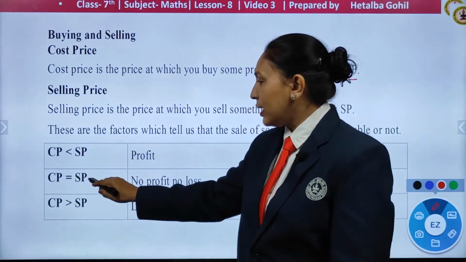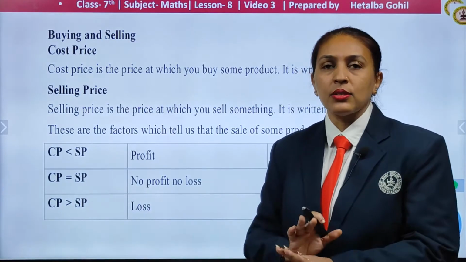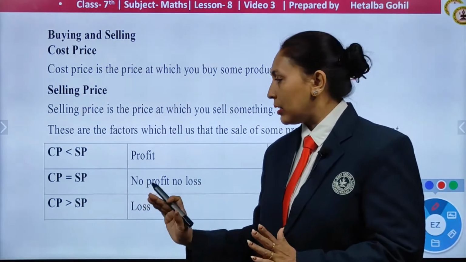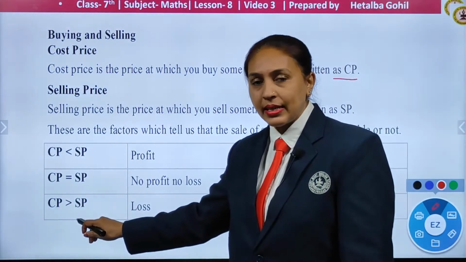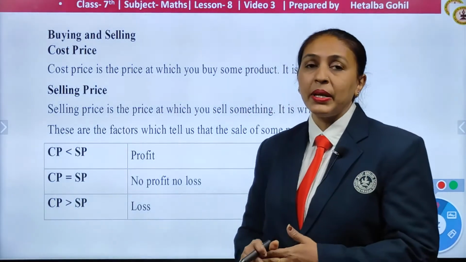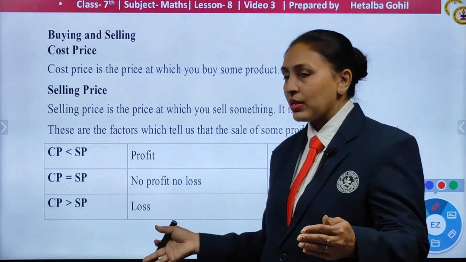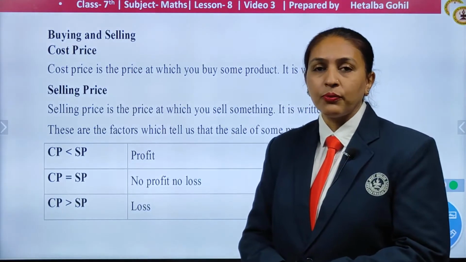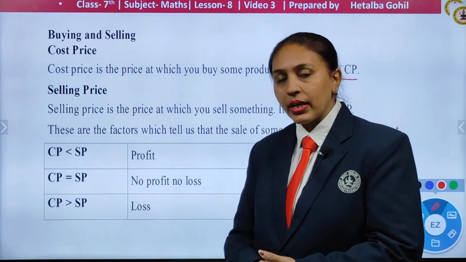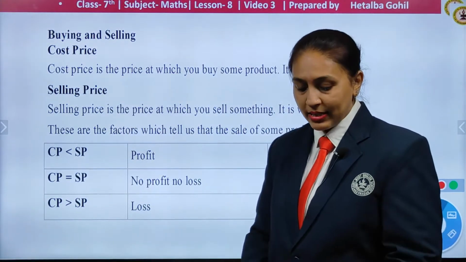When cost price is equal to selling price, that is no profit, no loss, there is no increase, there is no decrease. Similarly, when cost price is greater and selling price is less, children, we get loss, that means we have got a decrease. So in these conditions we have to find the increase or decrease of percent using these concepts of cost price and selling price.